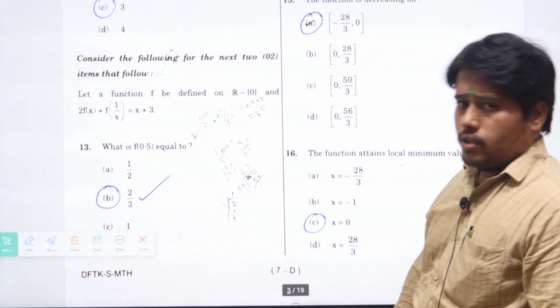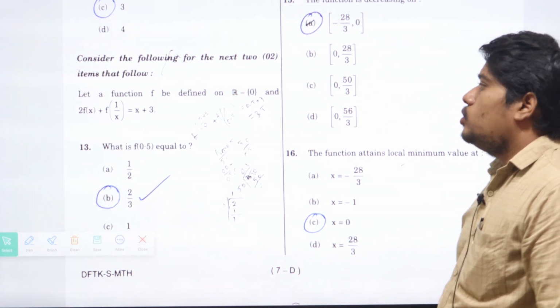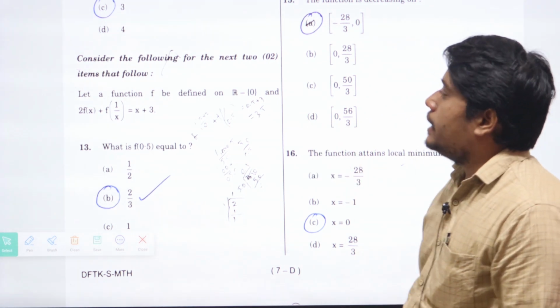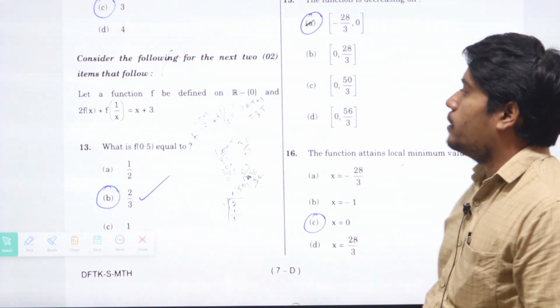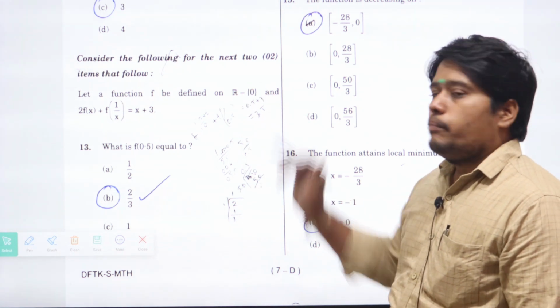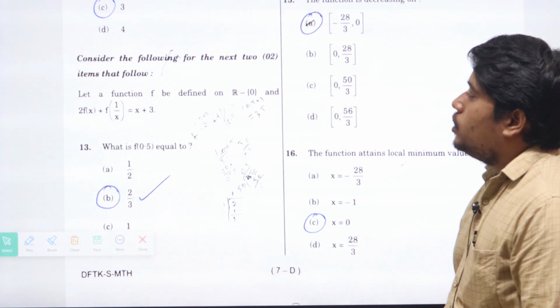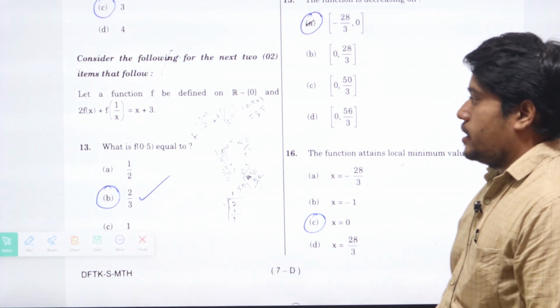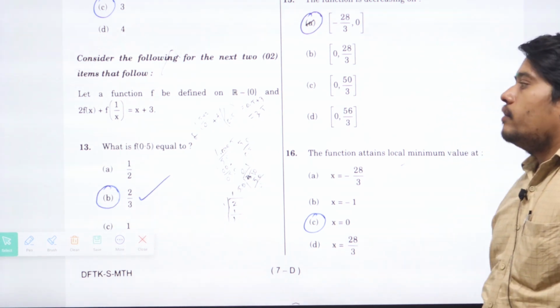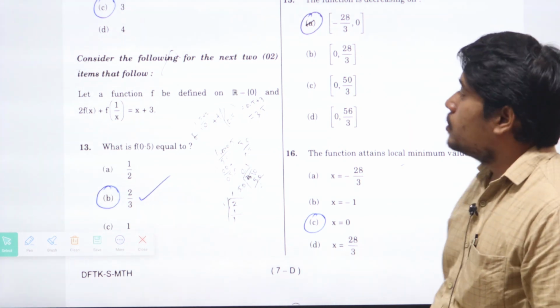Next question onwards, two problems. Let a function f be defined on R minus the singleton 0, and 2 times f of x plus f of 1 by x is equal to x plus 3.